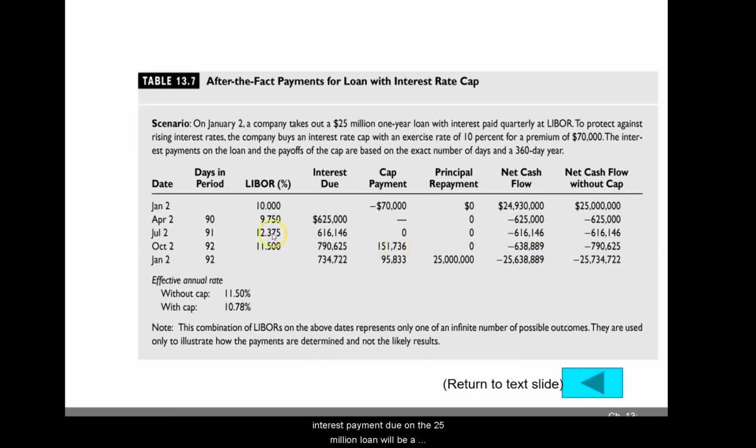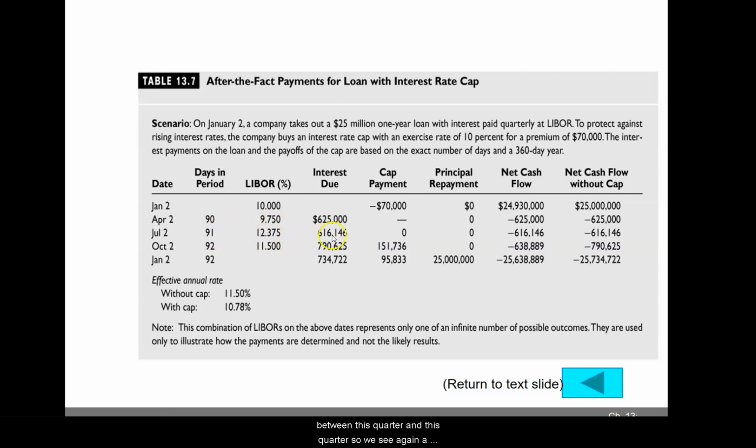Now, the interest payment due on the 25 million loan will be based on the interest rate at the end of the first quarter, which is April 2, 9.75% multiplied by 25 million multiplied by the exact number of days, that is 91, divided by 360.